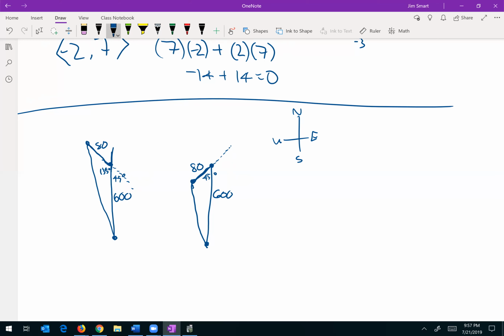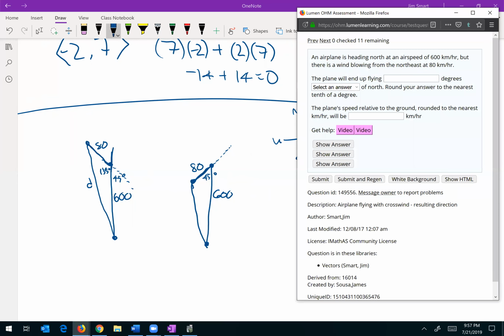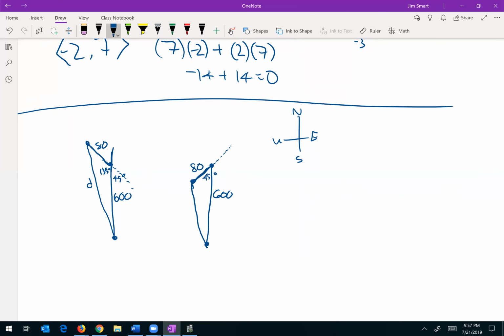So now you use the law of cosines exactly like we did on that other problem. In your version, there's two questions on there: how many degrees it is, and the speed. You actually find the speed first and then find the other angle second. This is the angle at the bottom you want, west of north.